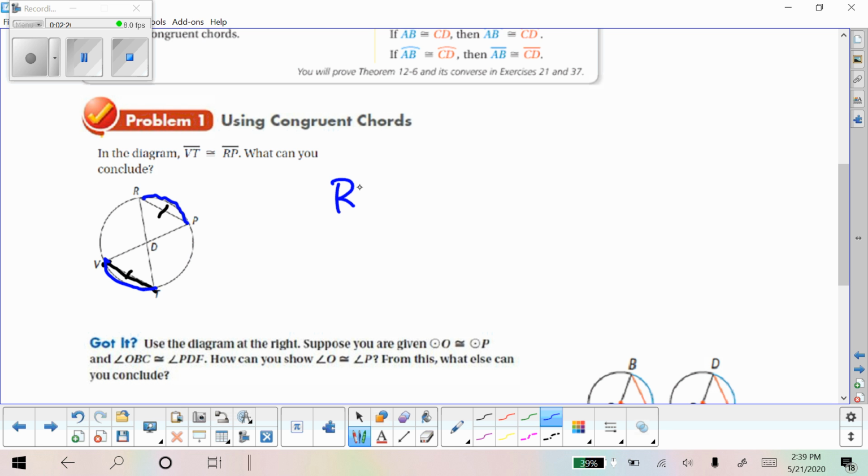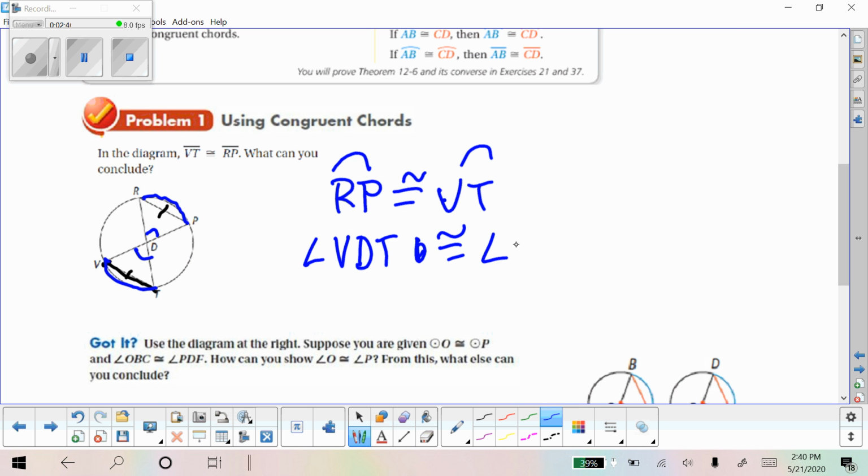Here's how we show arc. We know that these angles will be the same. So angle VDT will be congruent to angle RDP.